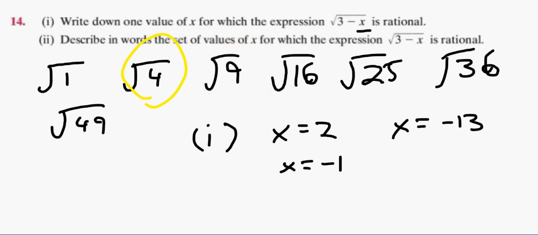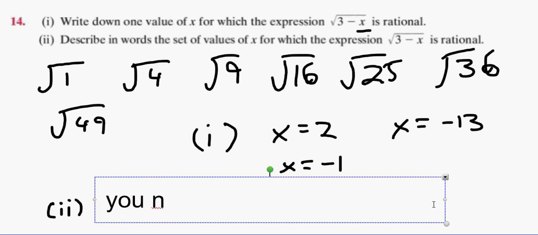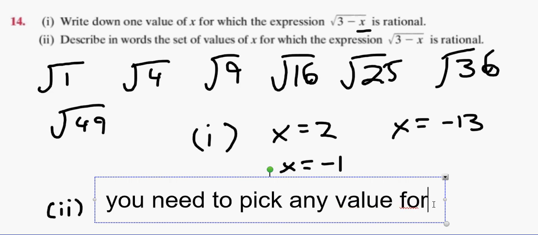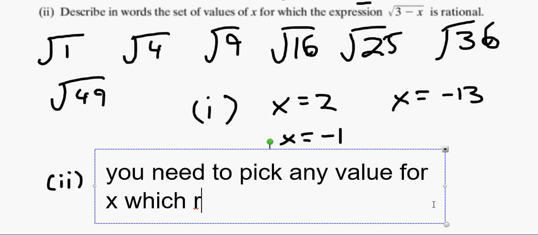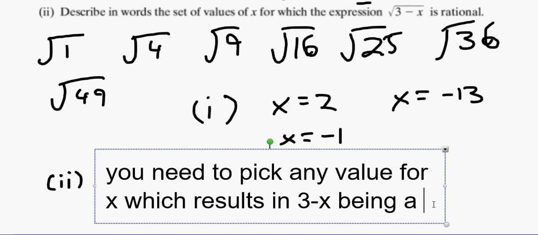Now, describe in words a set of values for x for which the square root of 3 minus x is rational. It's very hard to describe this, isn't it? What did we say a second ago? You need to pick any value for x which results in 3 minus x being a perfect square.